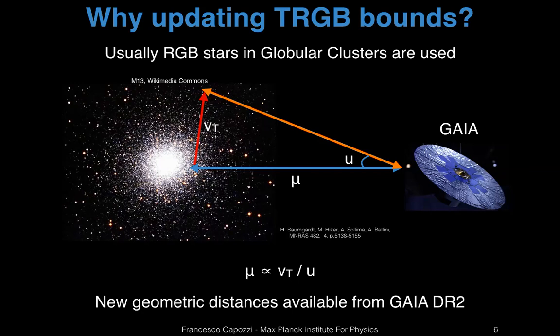And if you know the proper motion very well, and you also know very well the tangential velocity, which comes from a different kind of measurement, you can also get the distance, because there is a proportionality relation between these quantities. And so using these inputs, you can get a very precise measurement of the distances.